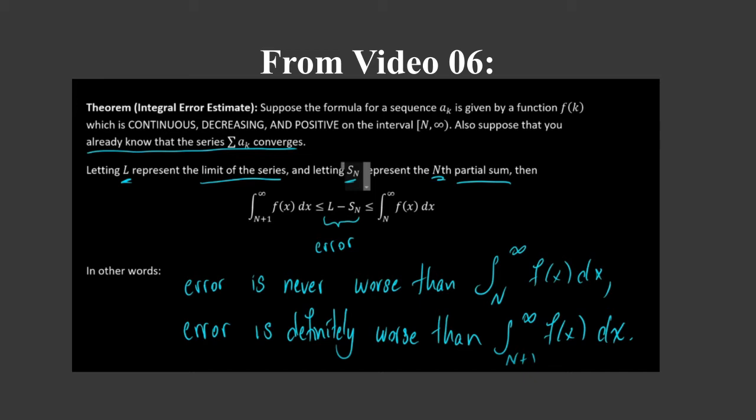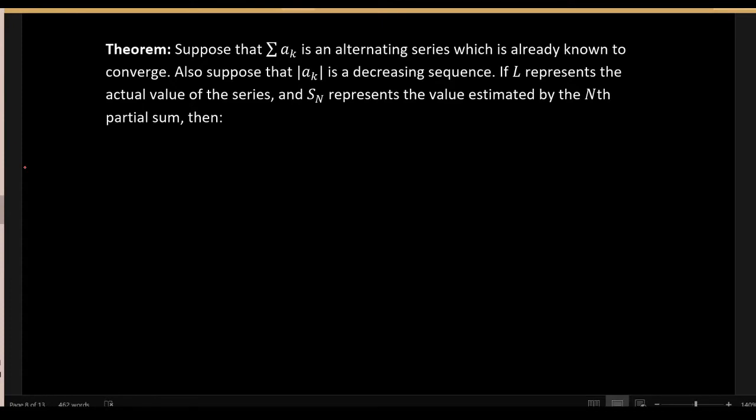We had this calculation to estimate the worst case scenario error that we incurred if we were estimating the series using the nth partial sum. Now notice that that particular error estimate could not possibly be used on any alternating series, because alternating series, by definition, have some negative terms, and therefore the series is not entirely positive, and that other error estimate could not be used.